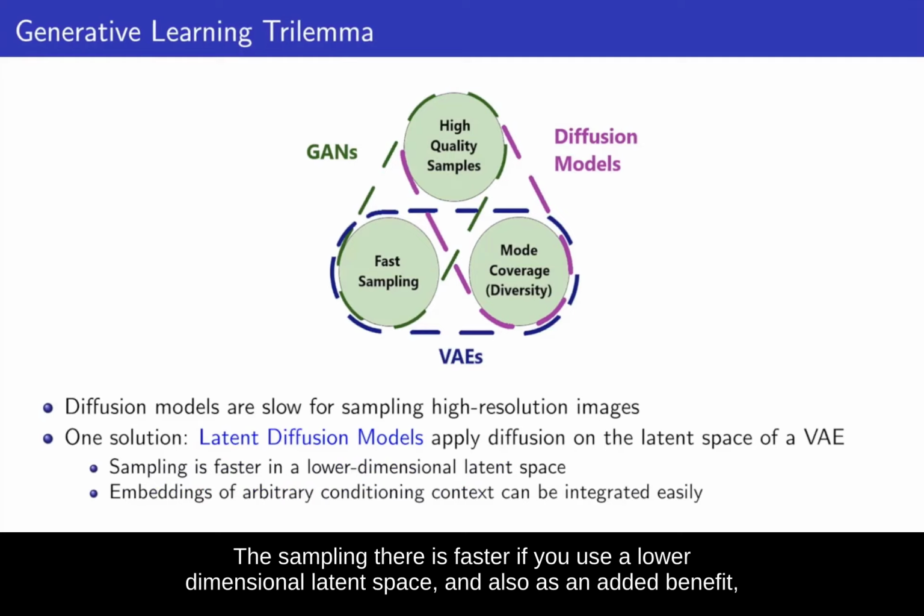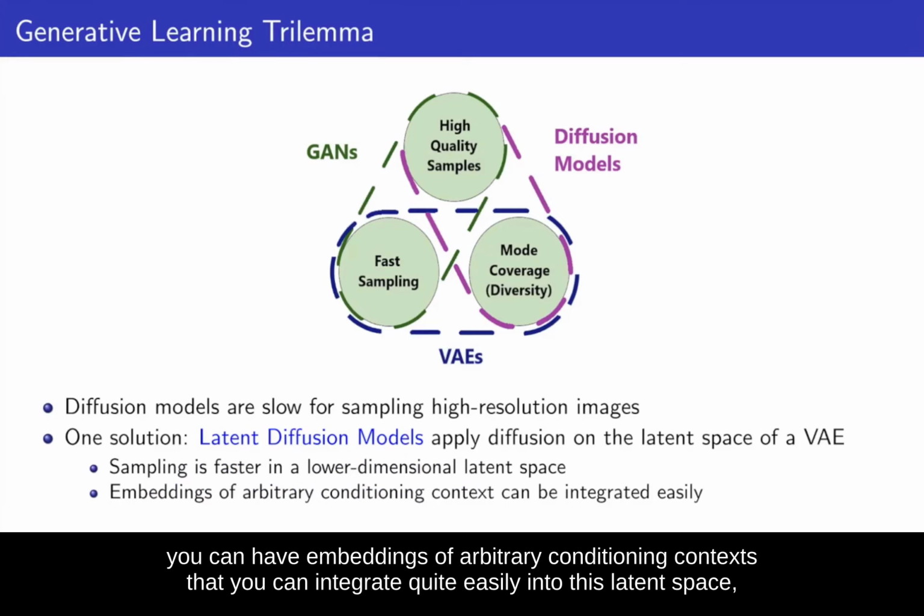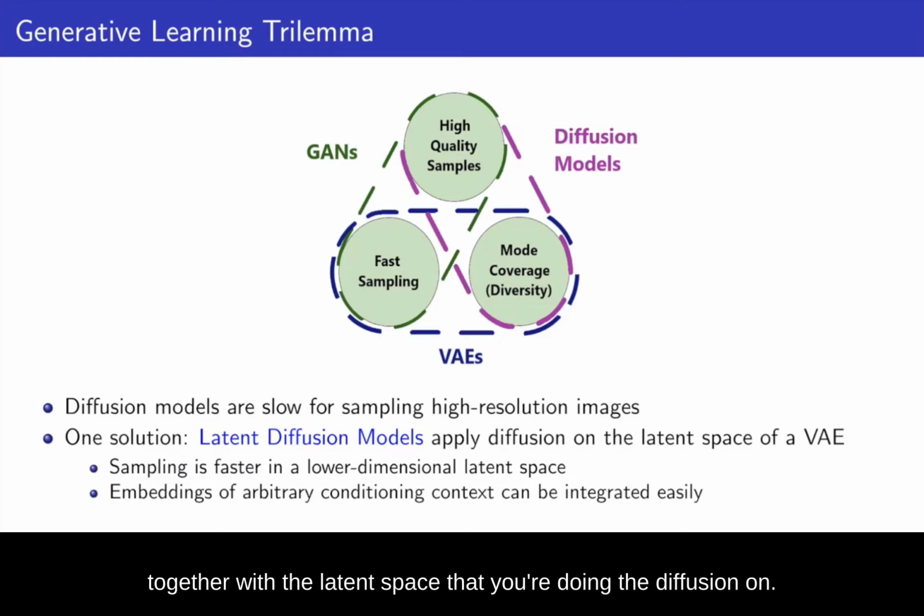The sampling there is faster if you use a lower dimensional latent space, and also as an added benefit, you can have embeddings of arbitrary conditioning contexts that you can integrate quite easily into this latent space that you're doing the diffusion on.